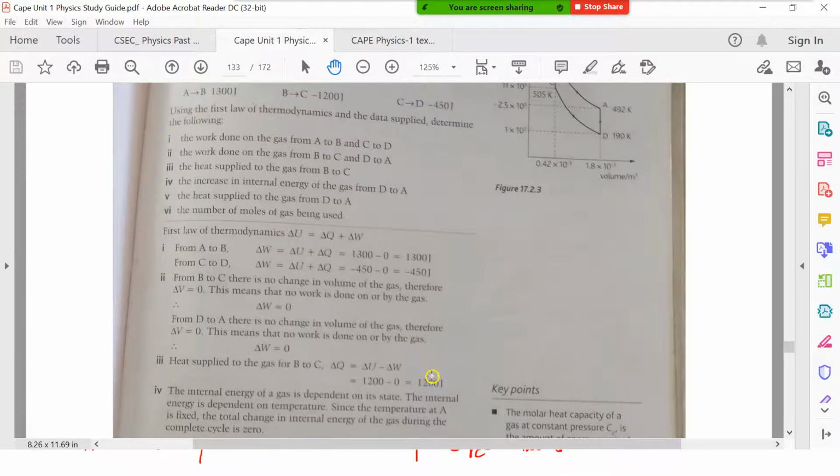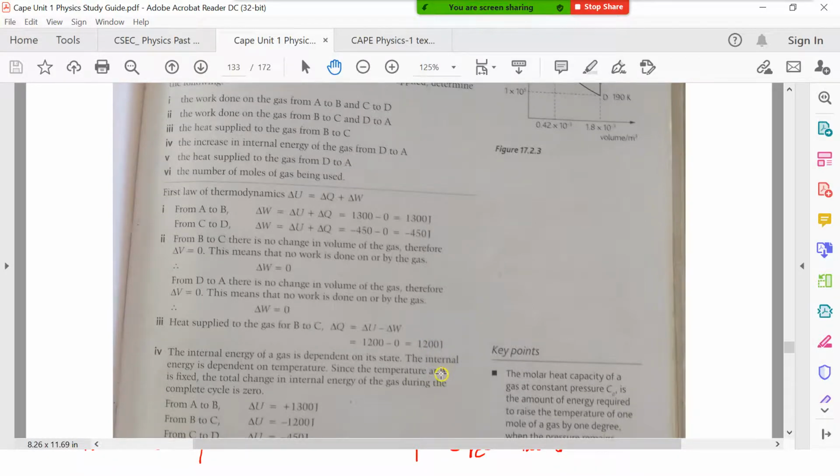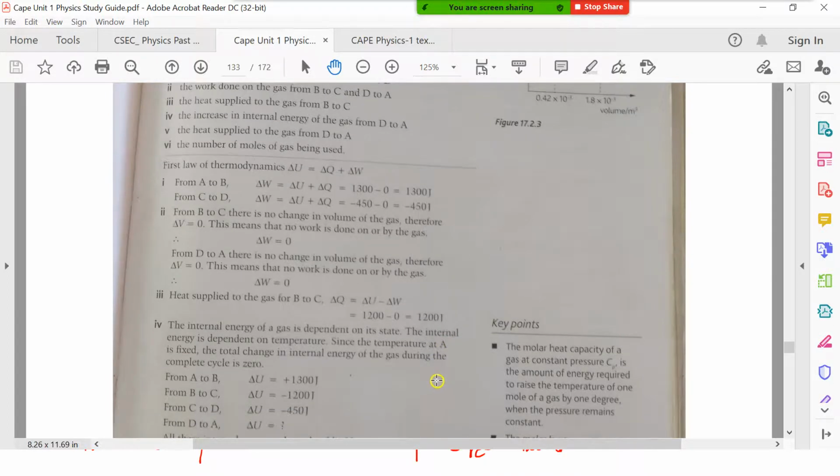I hate this book so badly. I don't know if the updated version has the corrections made, but the one I'm looking at clearly has some incorrect stuff in it. But we're not going to stress that. It wants us to find the internal energy.